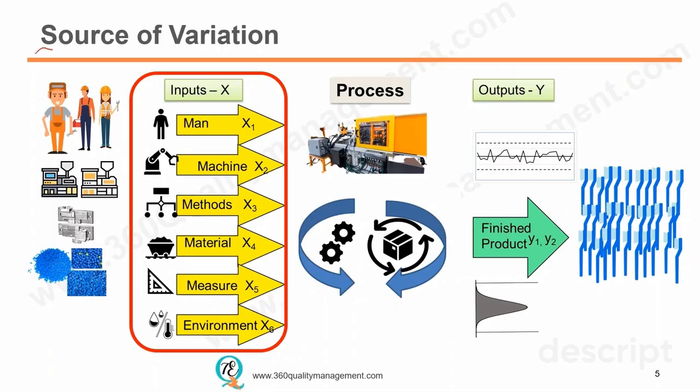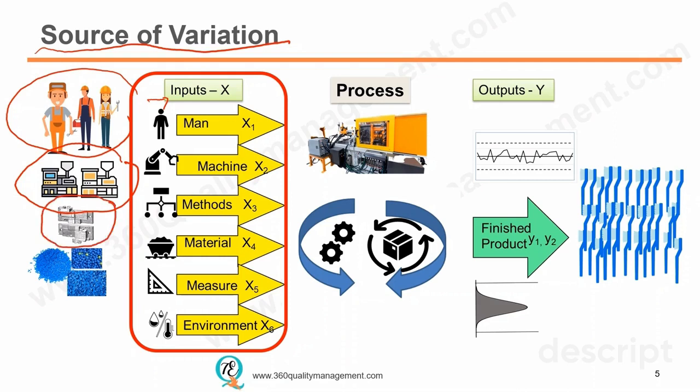Let's look at what are the sources of the variation. The source of variations is actually from the process input itself. So it could be from the man, where different operators could have different ways of setting up the machine parameters. It could be the molding machines, where a different molding machine is used, or even the mold itself.